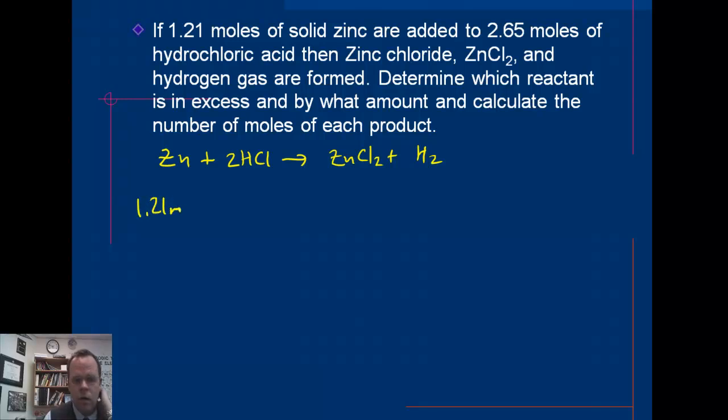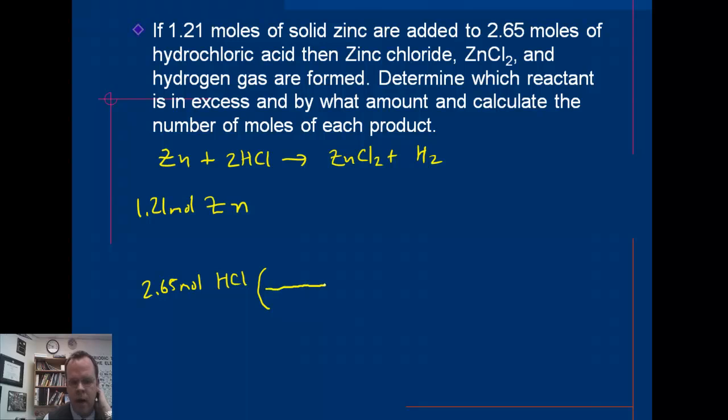Start with each of the given pieces of data. So 1.21 moles of zinc, 2.65 moles of HCl.